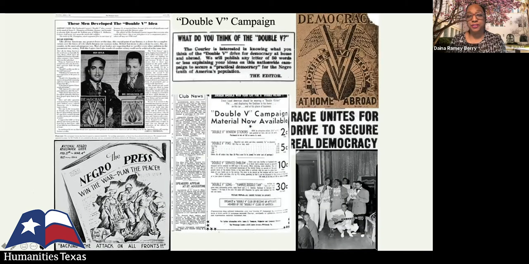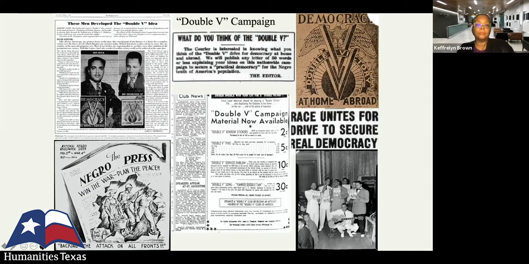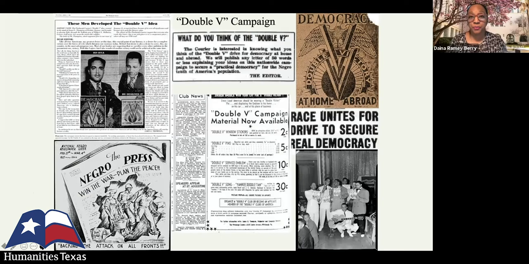One of the main terms you have probably heard is that the war was the Double V campaign. African Americans were fighting for victories abroad, but they were also fighting for victories at home. And they struggled with that because they were not treated well, as you know. This goes back to the racial climate and the experiences after World War One.